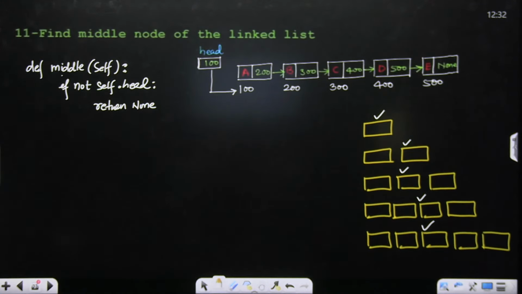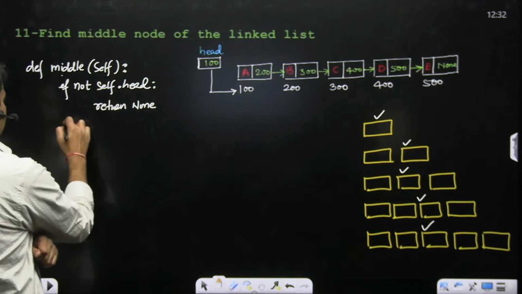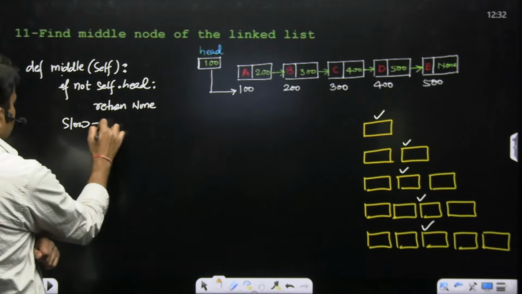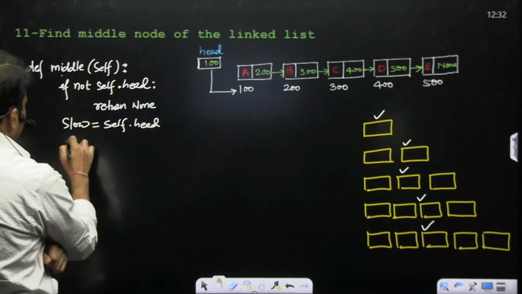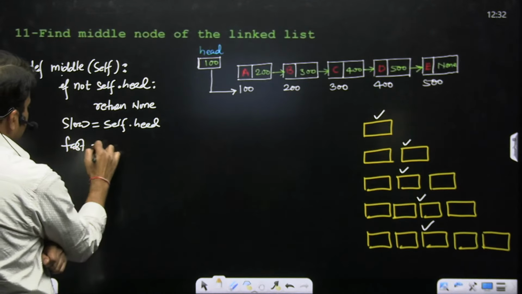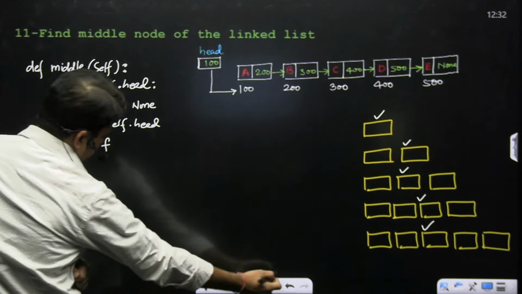Okay. Otherwise, if this condition is false, then take two pointers. Slow equals self dot head. Take another pointer, fast equals self dot head.